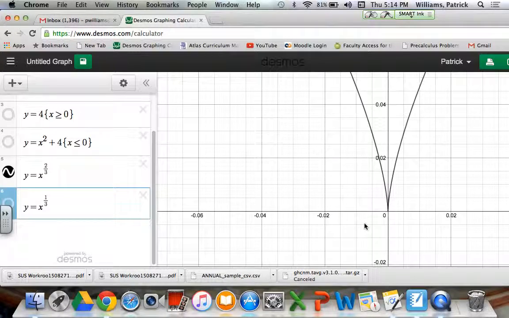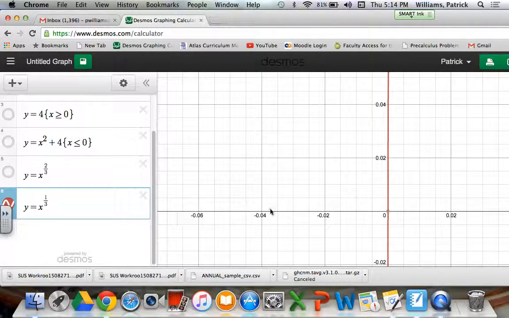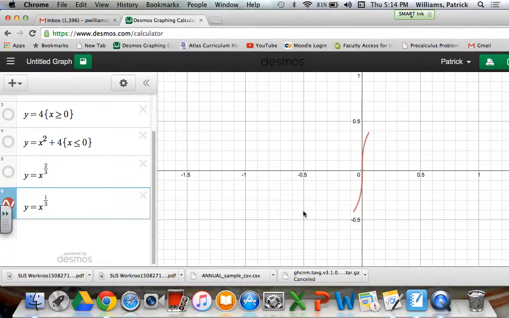And finally, as our last example, let's look at the vertical tangent right here, x to the 1/3. If we look at this point, again, we have a vertical tangent. You might be saying, well, hey, from the left and the right, it looks like this derivative is approaching infinity.